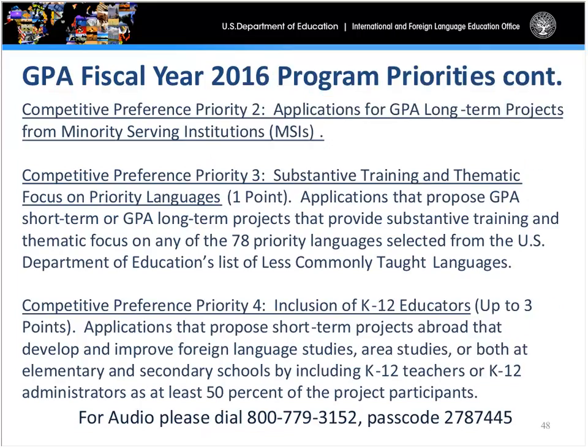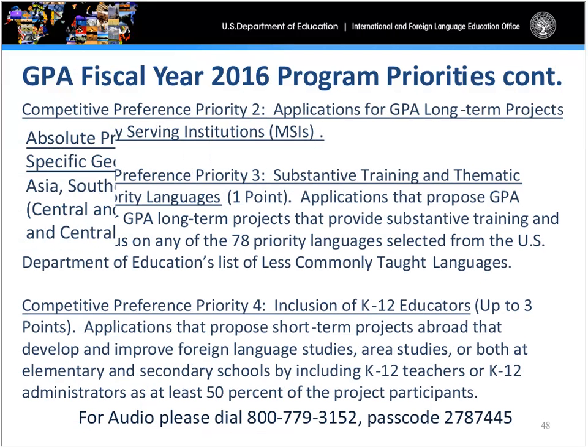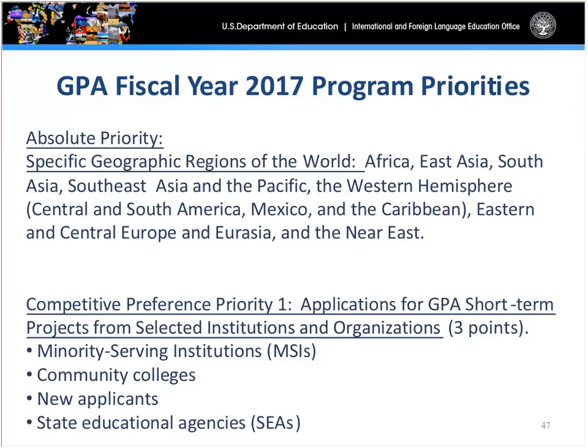And so moving forward to competitive preference priority 3, and this one is for short or long-term projects. You'll notice that priority number 1 is for short-term projects, and that was for a max of 3 points.